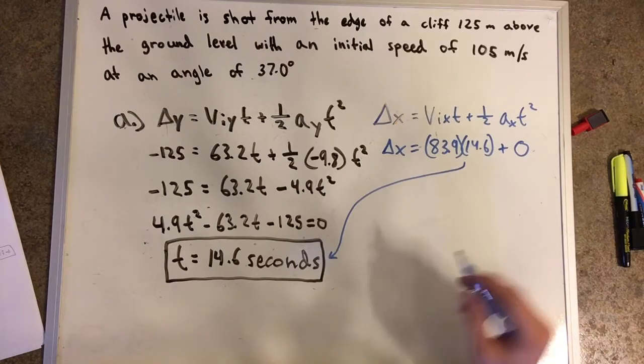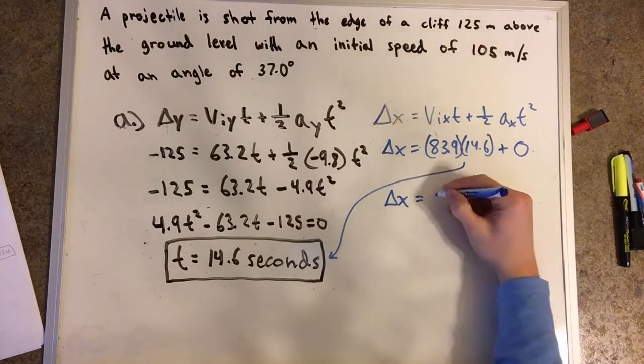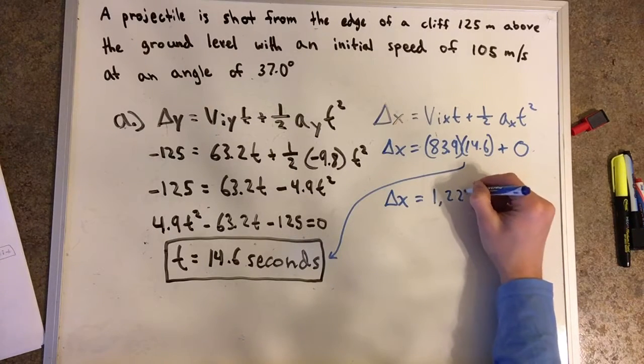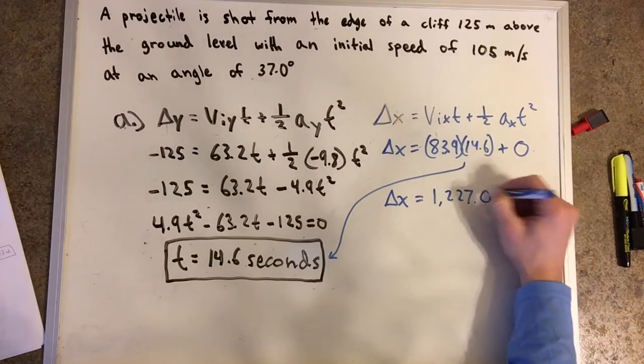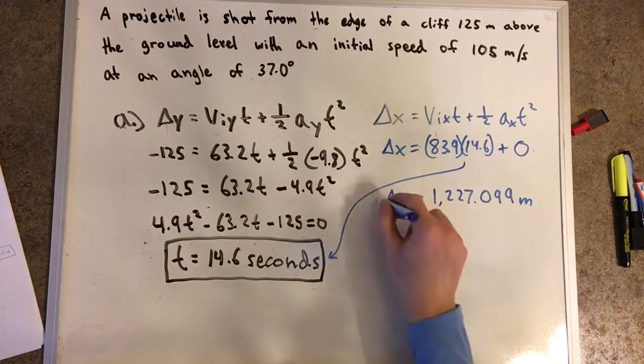To continue with the problem, you find out that delta x equals 1,227.099 meters.